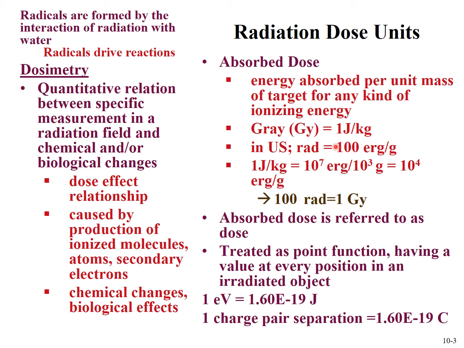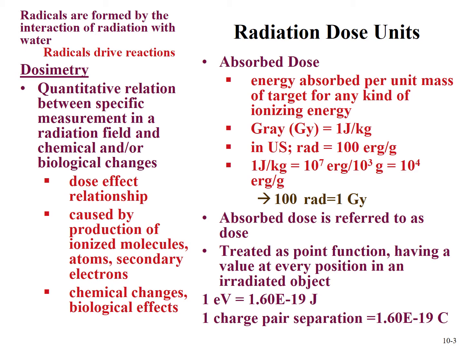The gray is 1 joule per kilogram. In the United States, we use the rad, where the rad is 100 ergs per gram, and it works out that 1 gray is equal to 100 rad. So for radiation dose units, we have a 2 orders of magnitude difference between SI units and what we use in the United States.